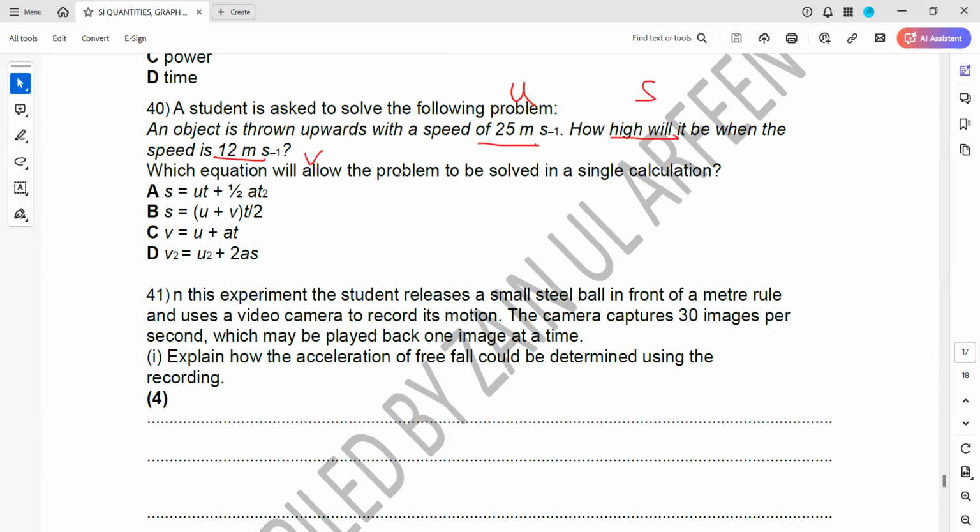Which of the following equations will allow the problem to be solved? We don't know the time, so I cannot use this equation. We don't know the time, so we can use this equation. How? Because when it is going up, it will have a deceleration, which is negative 9.8 meters per second squared. So we have the final velocity, initial velocity, and acceleration or deceleration. So we can work out distance.